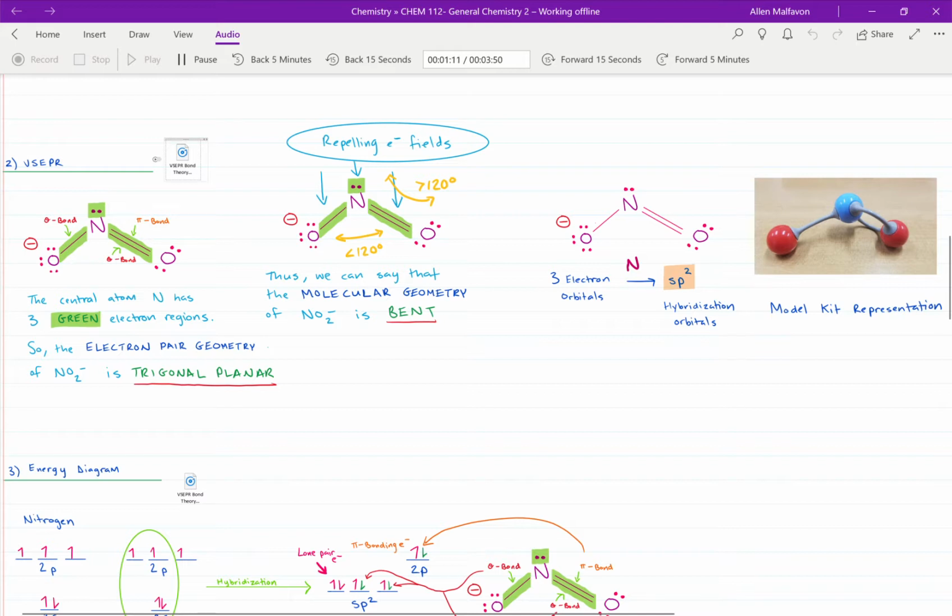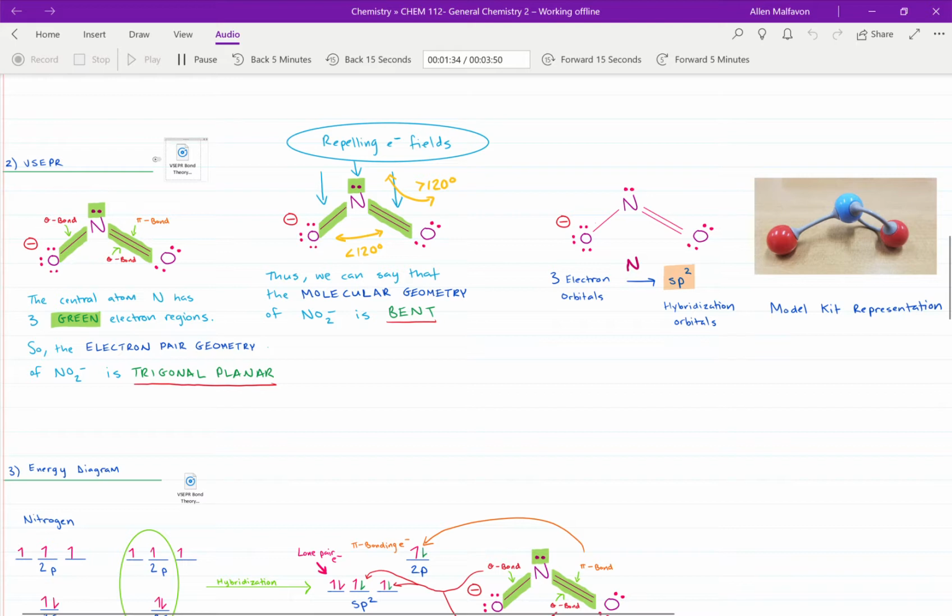Moreover, because of the lone pair above the nitrogen atom, as reflected in my second diagram, that lone pair has a repulsive effect that is greater than the single bond repulsion and the double bond single bond repulsion.